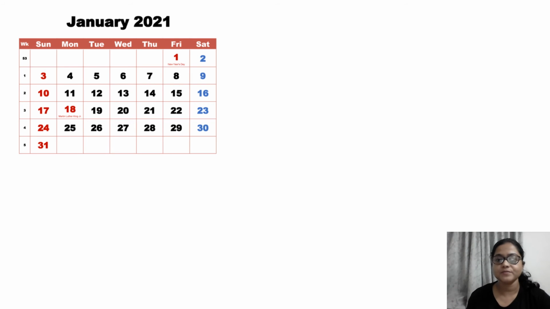Another thing we can observe from the calendar sheet is the magic square. In a magic square of the calendar sheet, the sum of rows, that means rows total, columns total, and diagonals total are equal.